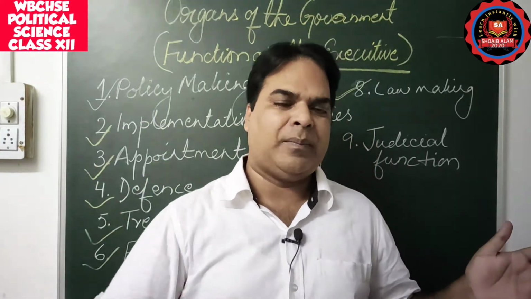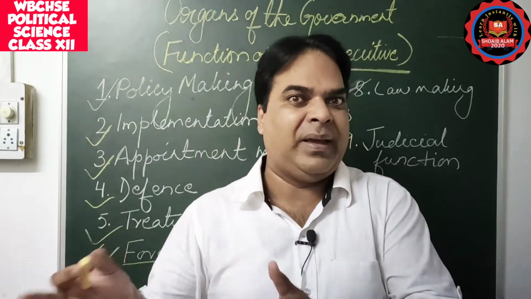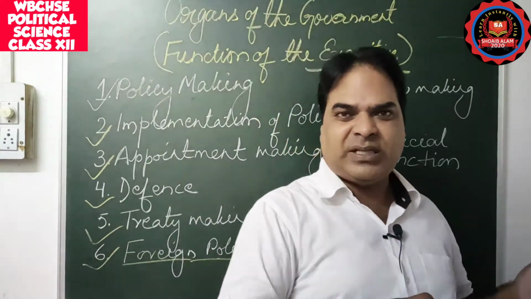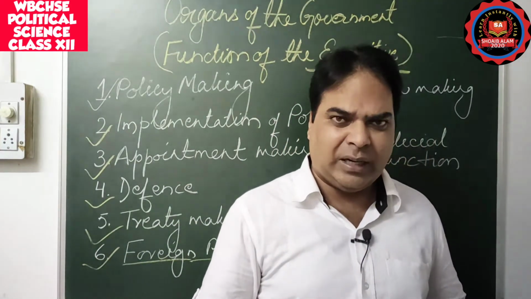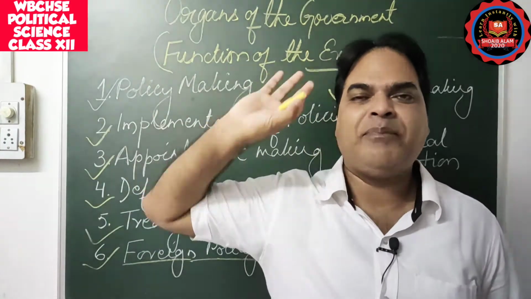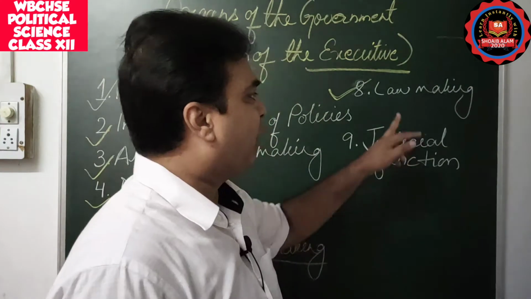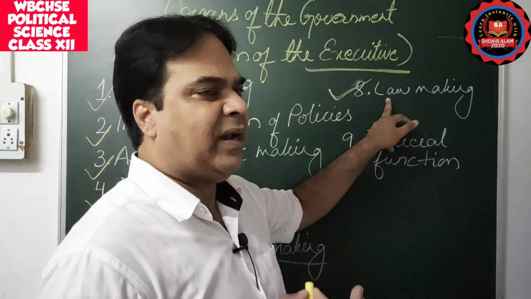And finally, after being passed by both the houses, the draft bill will come to the president. The president definitely wanted that only, right? So if he finds everything okay, he will pass it and sign the bill, and that will become an act. Okay, so laws are made in the parliament.